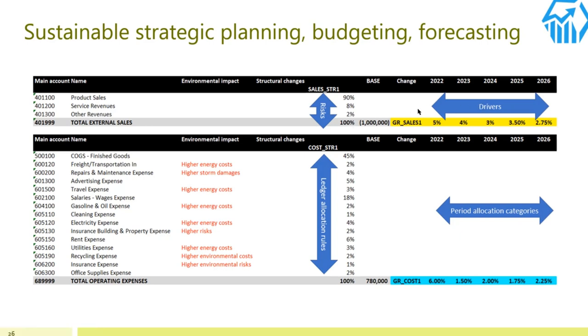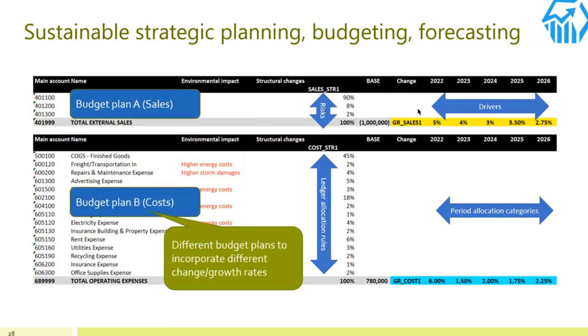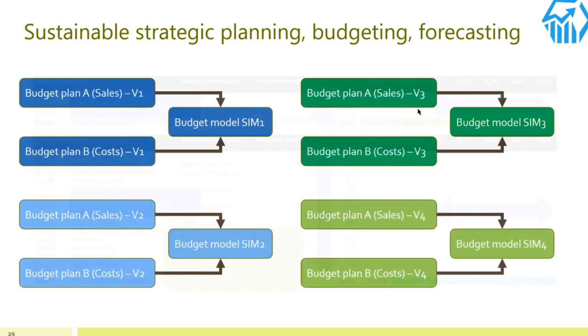And what I try to do in the following is, I try to incorporate the different risks and the drivers by implementing budget plans. And then playing with different growth rates, with different risk factors and allocations among them to see how our company will develop under the different scenarios. So for this and the following, I created basically 4 budget models that I called simulation 1, 2, 3, and 4.